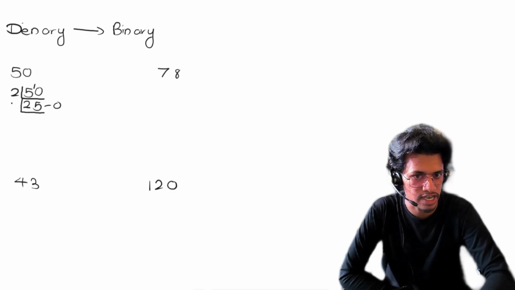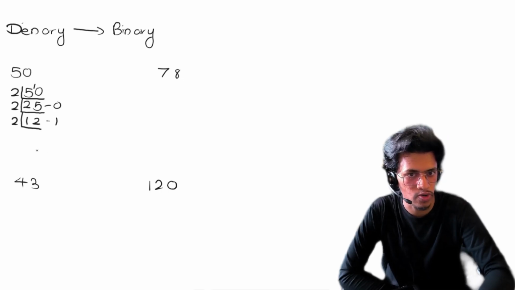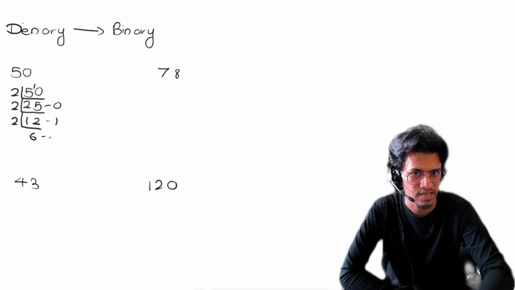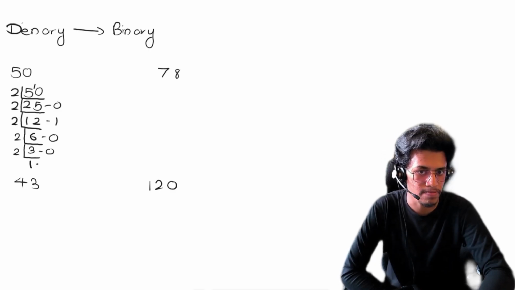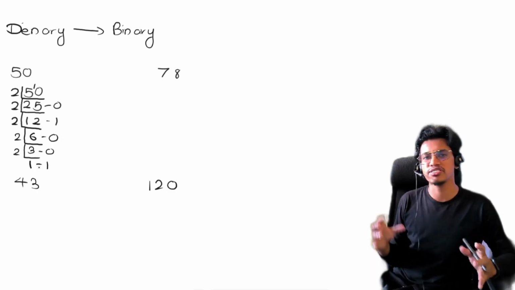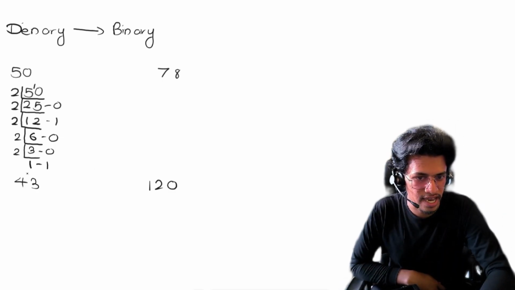Then we continue the same pattern. 2 divided by 2 is 1, 5 divided by 2 is 2, balance 1. 12 divided by 2 is 6, balance 0. 6 divided by 2 is 3, balance 0. 3 divided by 2 is 1, balance 1.